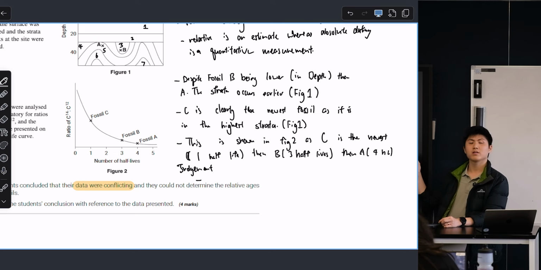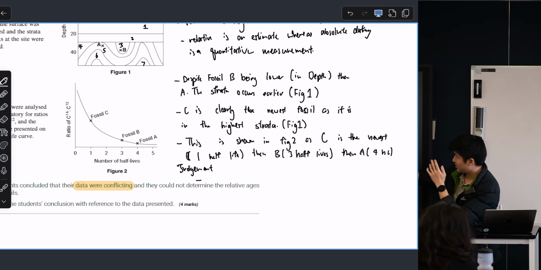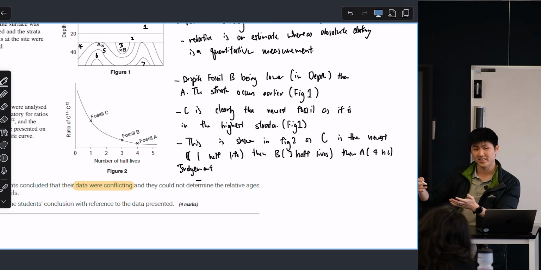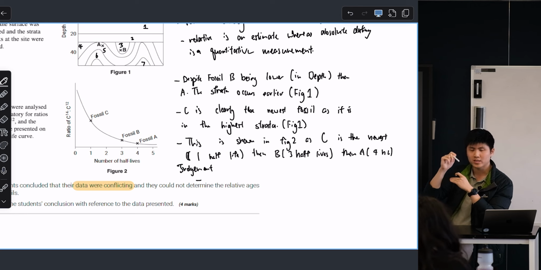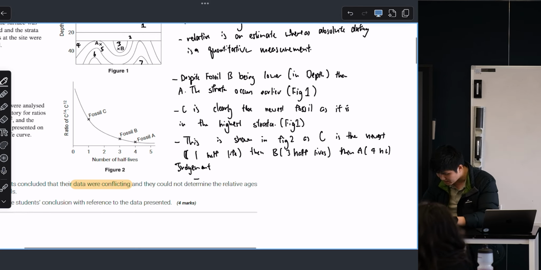Right, now I just end with my judgment. Right, so I've provided my 3 reasons. I've linked them together to indicate that they are not conflicting, and I've also explicitly referenced data points in the graph. Right, so I've kind of hit my criteria for the question. I just need to make my judgment.